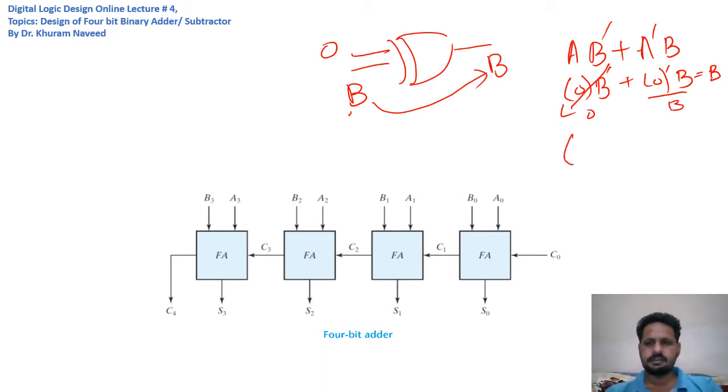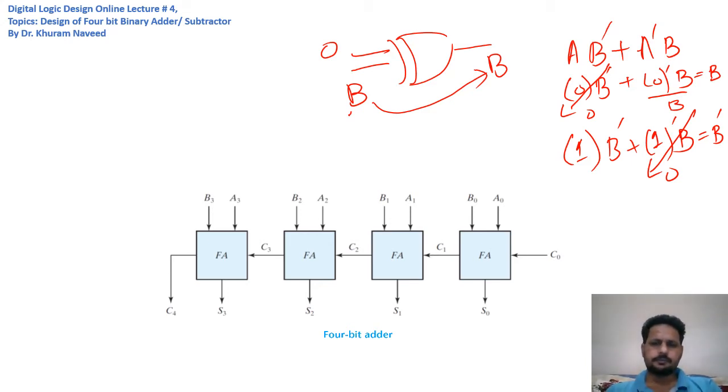And when we set A to 1, this will become B complement, because this part will become 0, since this one's complement will be 0, right? So it means we can have a generalized circuit that can be used for addition and subtraction with just a slight change.